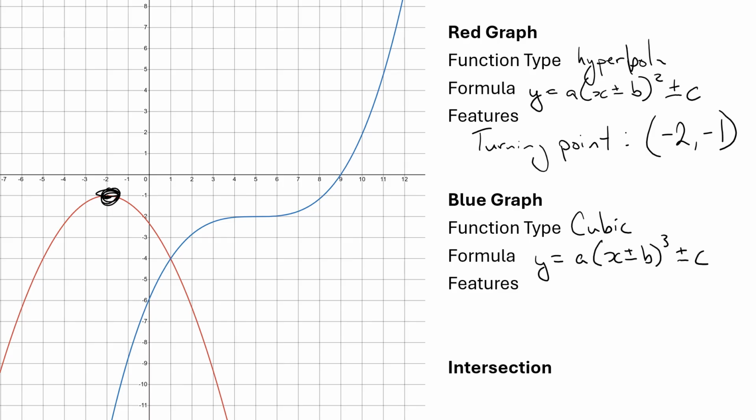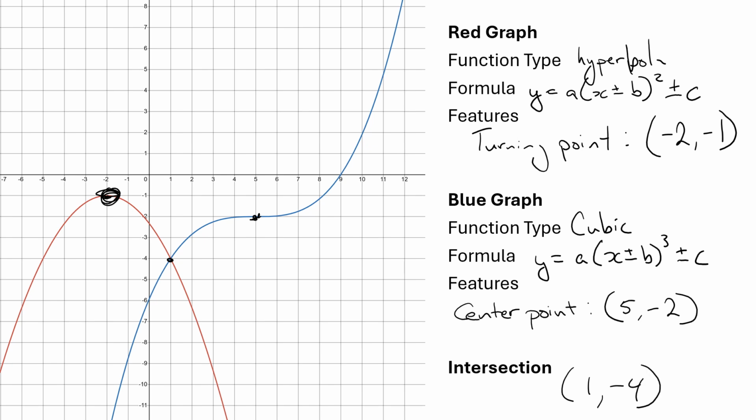And our features, again, this is going to be our center point, which is over 5, down 2, 5, -2. And our intersection, the point where both of them cross, is going to be over 1, -4.